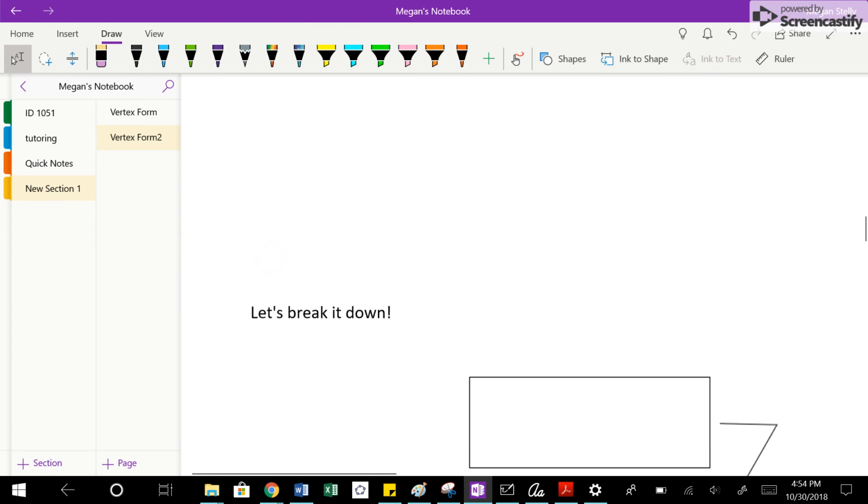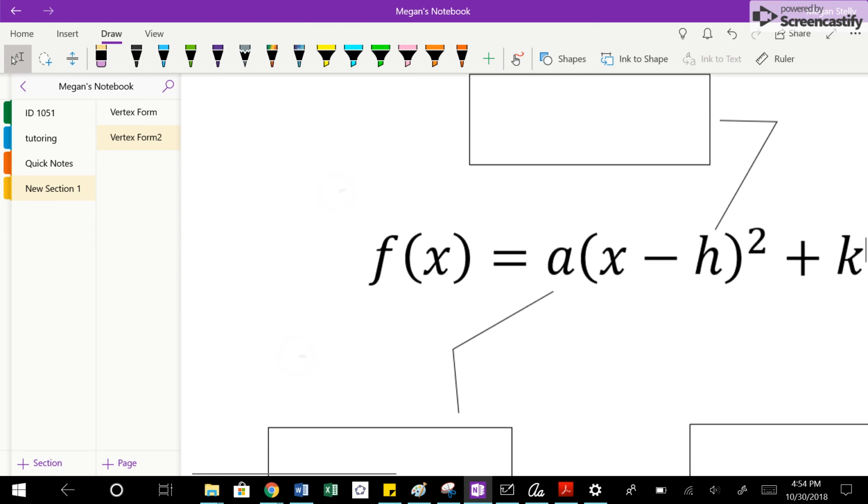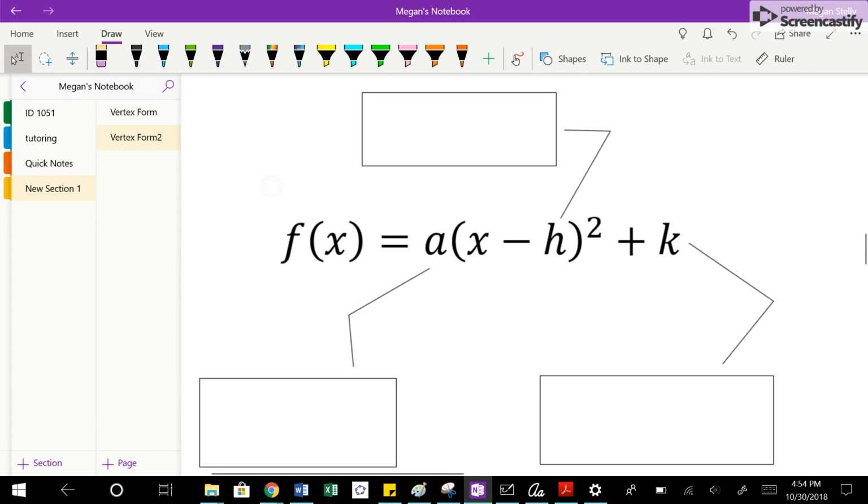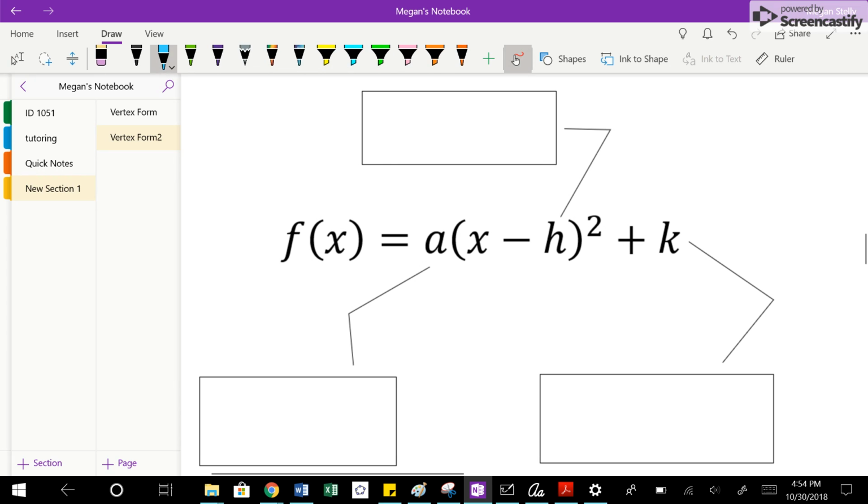So let's break down our formula. Here we have it, big bold letters. So starting with a, it is going to tell me, does my graph open up? And if it opens up, that means a is positive.